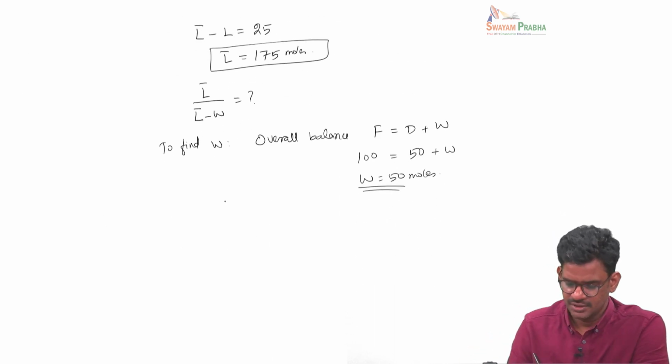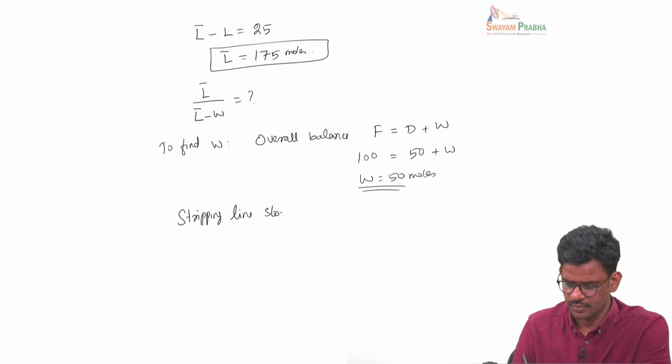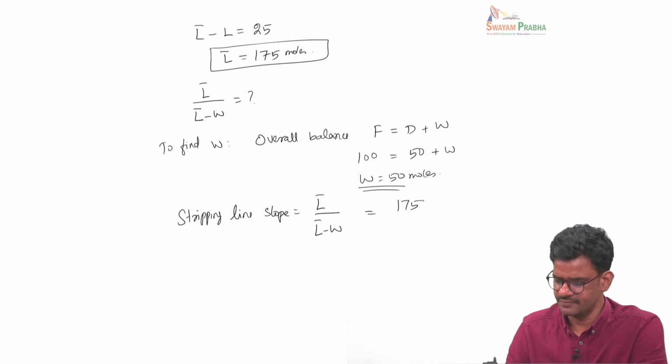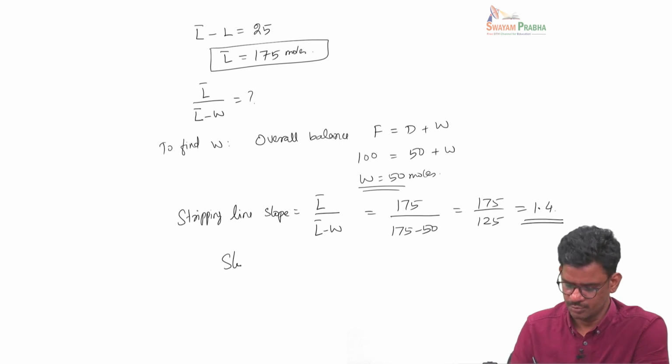So, the stripping line slope is then L bar over L bar minus W, which is 175 over 175 minus 50. So, that is 175 by 125, and this is about 1.4. So, slope is equal to 1.4, that is the answer.